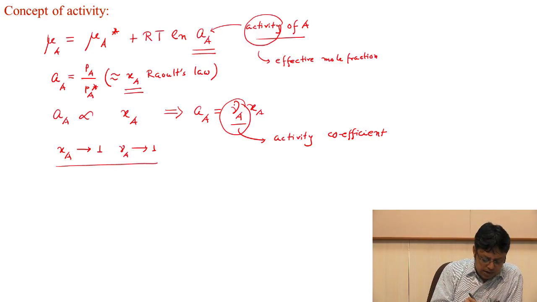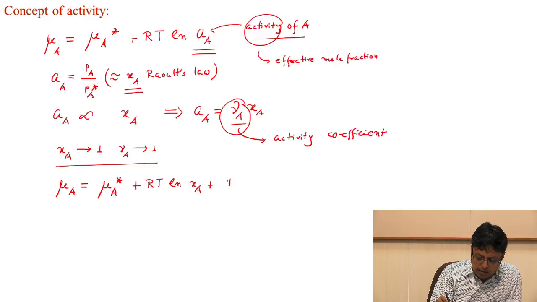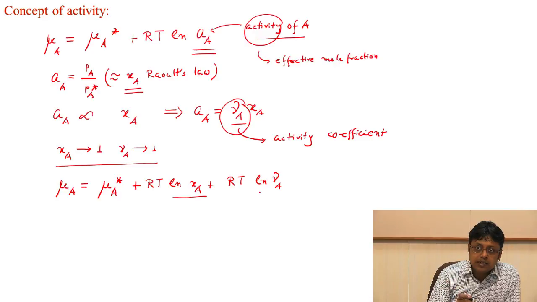Now we can write it as mu A is nothing but mu A star plus RT ln XA plus RT ln gamma A. Now I'm just writing it in terms of activity as XA into gamma A, and remember that what we have discussed so far is with respect to the solvent perspective.